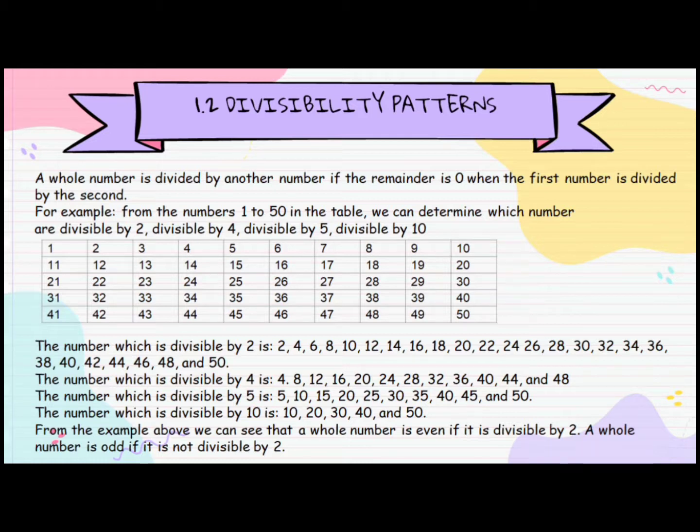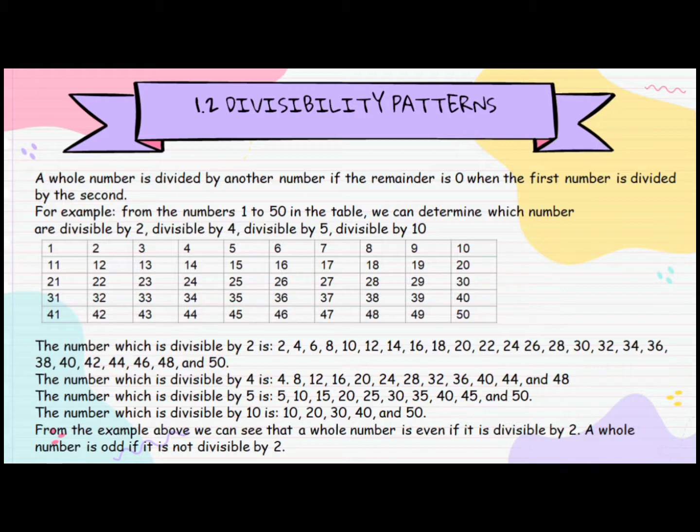The numbers which are divisible by 4 are 4, 8, 12, 16, 20, 24, 28, 32, 36, 40, 44, and 48.